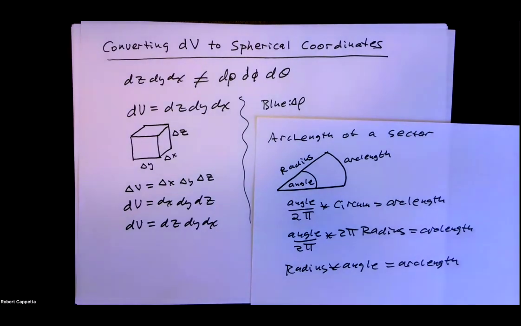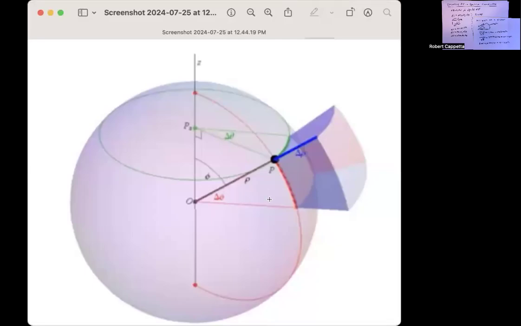But I want to take a look at a couple other arcs on that image. So let's identify what those arcs are. The blue one was change in rho. How about the red one? What will that red arc be? We've said it's the radius times the angle. Remember, phi is measured down from the z-axis. If we follow this red arc, phi is changing.